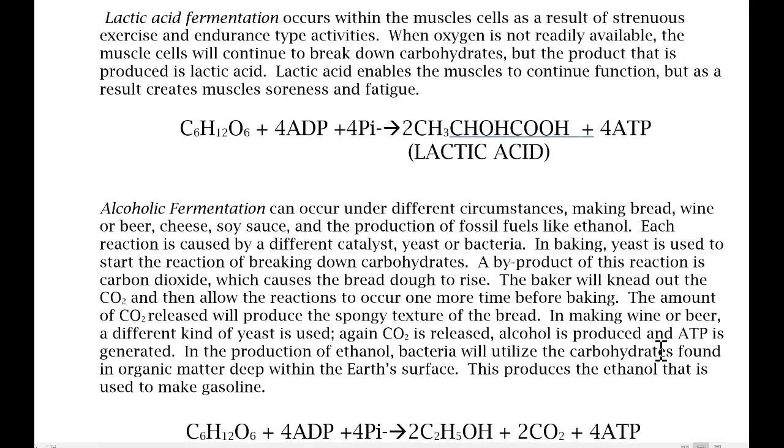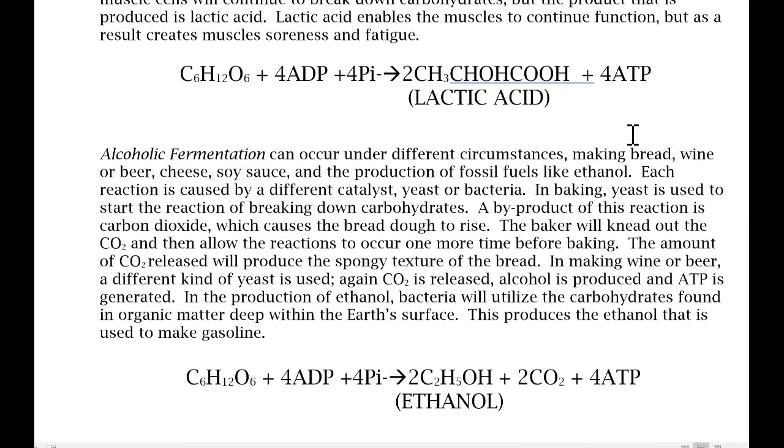When we see the chemical equations for lactic acid fermentation, this is what happens. Here's our glucose. The breaking down of this glucose can take 4 ADP, join them with 4 independent phosphate groups, and get this huge compound, lactic acid, and 4 ATP molecules.